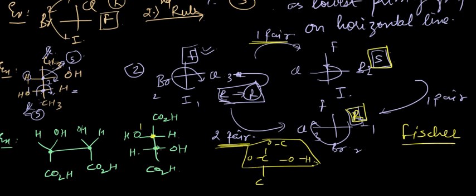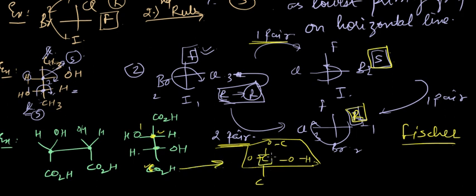Why? Because when I go to this carbon, it has O on one side, and again C. So till now we have compared, we are at CC at both the carbons. Now this CO2H can be broken up into something like this.